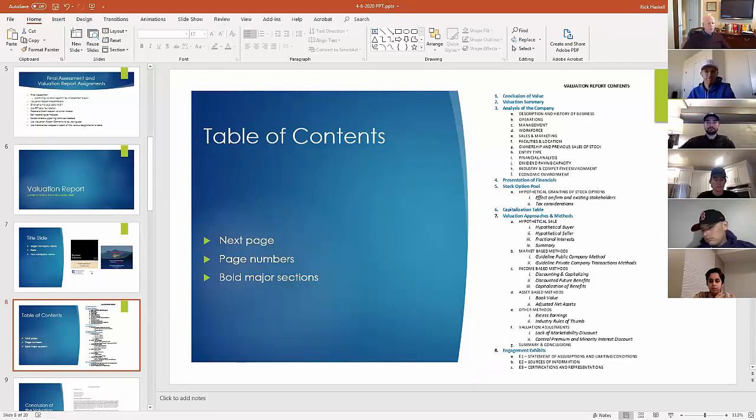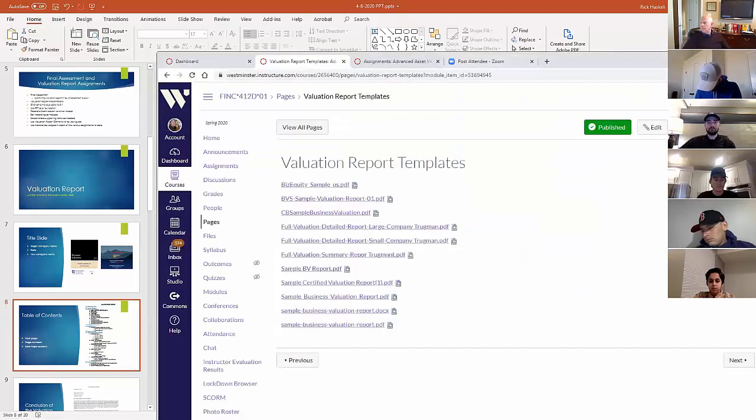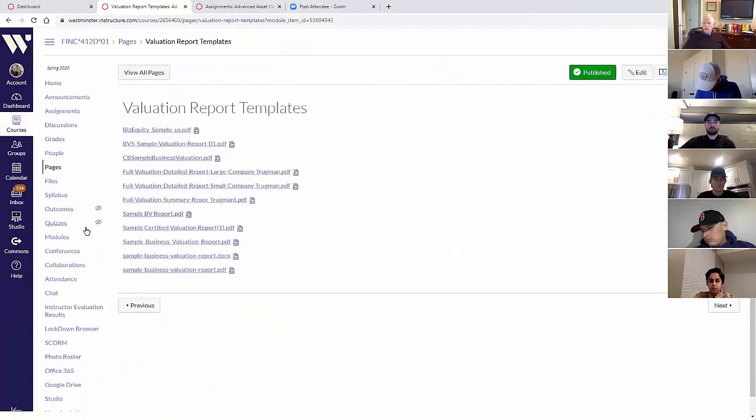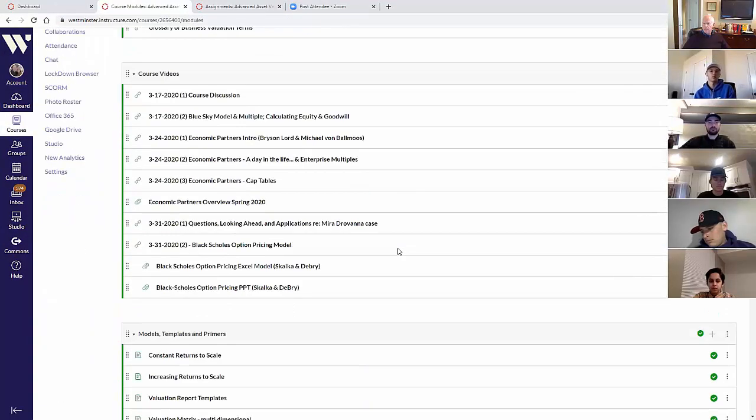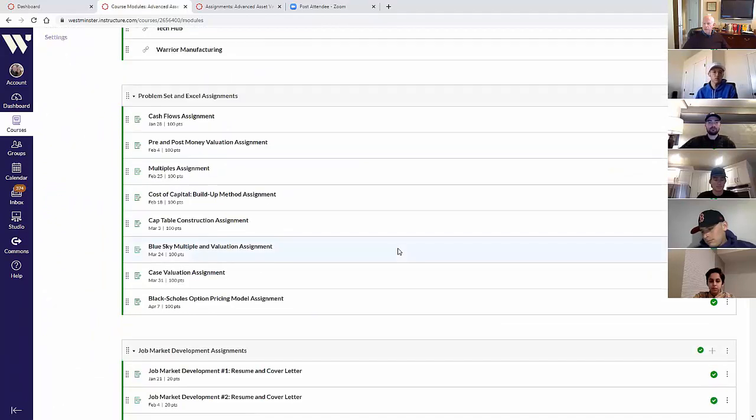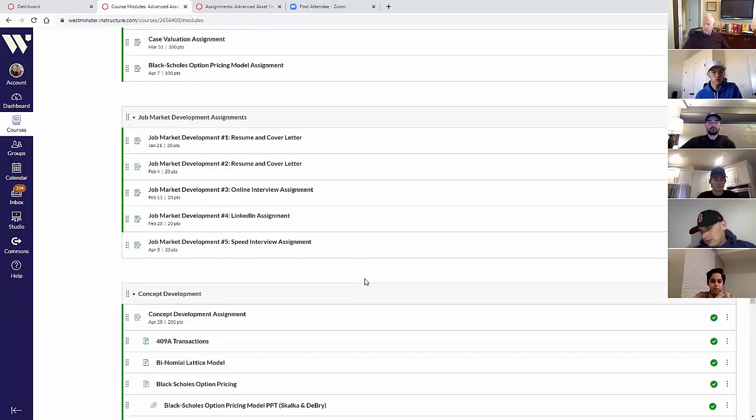In fact, let's go to Canvas for just a second, because I want to make sure you see exactly where I'm getting that. So if we're in the modules on Canvas, and we scroll down here to, where's it at?